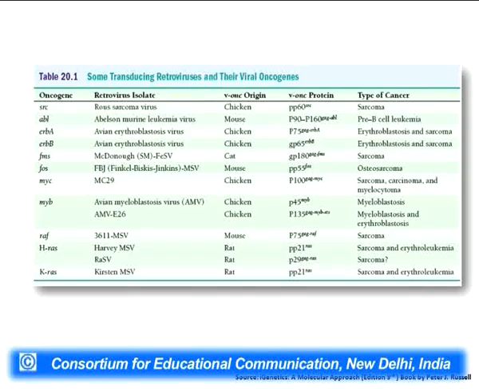Then there is the murine leukemia virus, and the avian myeloblastosis virus. These viruses transfer the oncogenic part into the human cells, and when these oncogenic parts get incorporated into normal functioning cells, the cells are transformed into cancerous forms, start growing in an uncontrolled fashion, and the patient starts suffering from cancer.